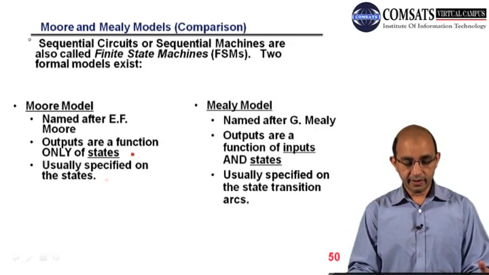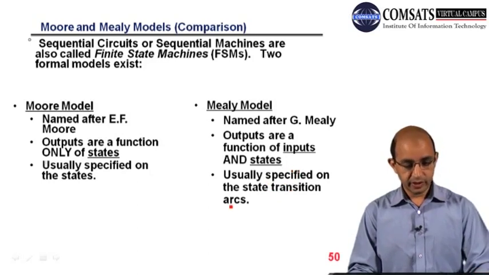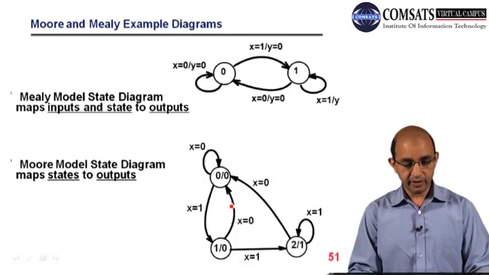In Moore, output is usually specified on the states, while in Mealy, output is usually specified on the transitions. So you can have an idea. These are the examples: here we have Moore and Mealy machine state diagrams.